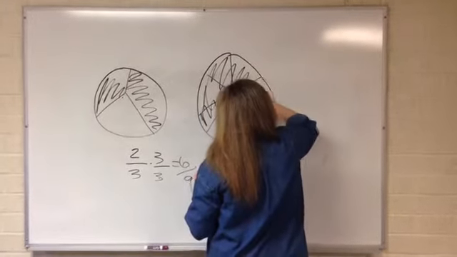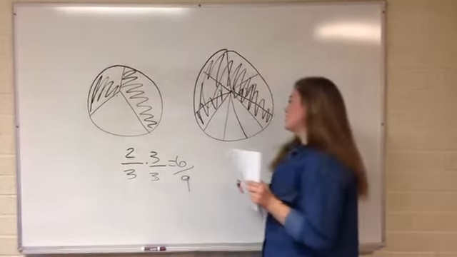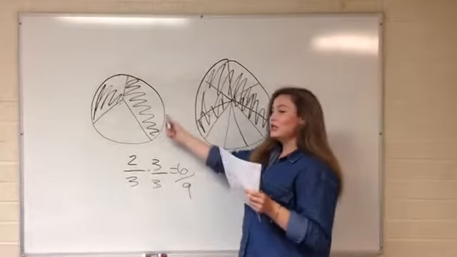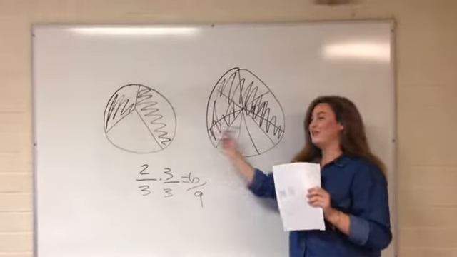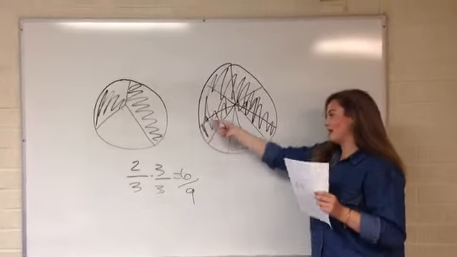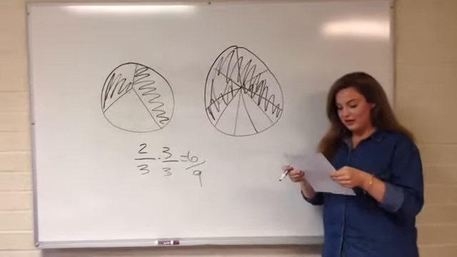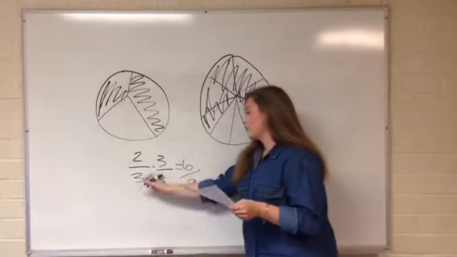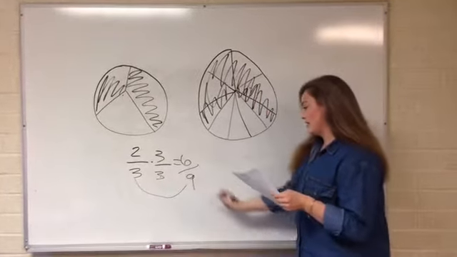So you can see, even though here you have 6 out of the 9 shaded in, and here you have 2 out of the 3 shaded in, they're the same amount of cake that has been shaded. So this just shows how 2/3 is the same as 6/9.